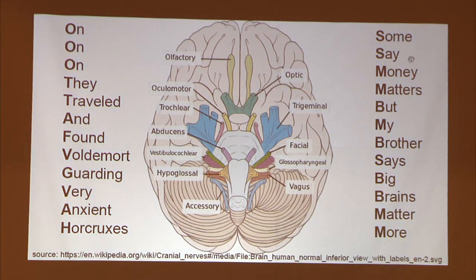So anything with an S is just sensory, so olfactory and optic. Then the M's are just motor, like oculomotor and trochlear. And then the B's are both. So that's one way of memorizing them, to give you a refresher on what their functions are.